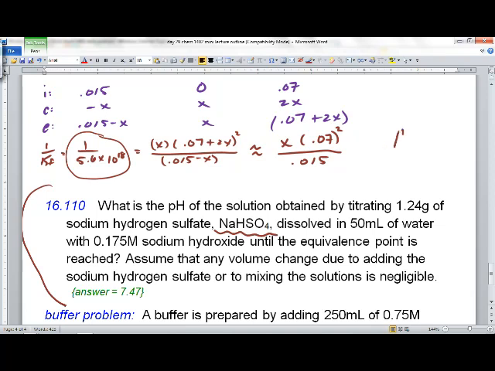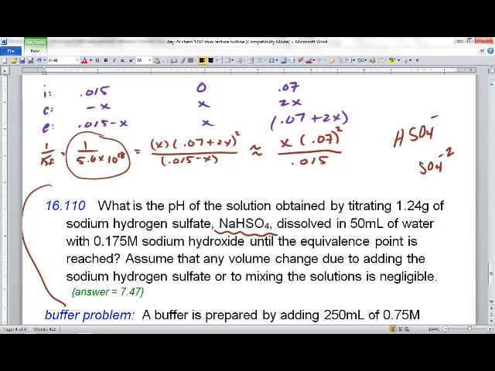All right? Really, it's this thing, because it was this. Ignore the sodium. Take away an H plus, you end up with, what's the name of that? Sulfate. Right? So you have to write the Kb of sulfate.